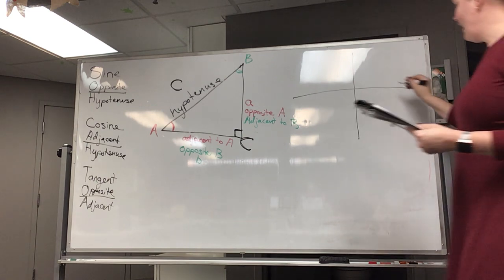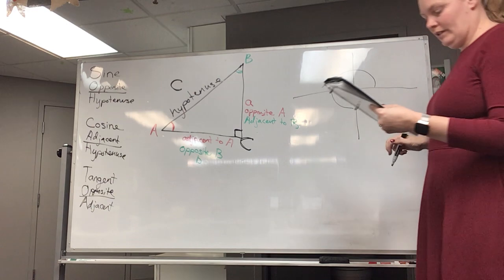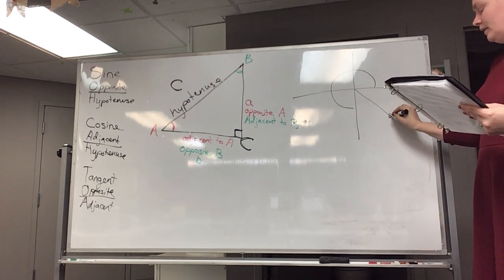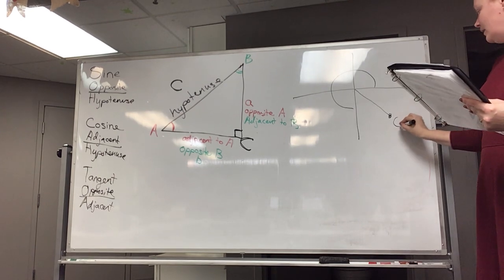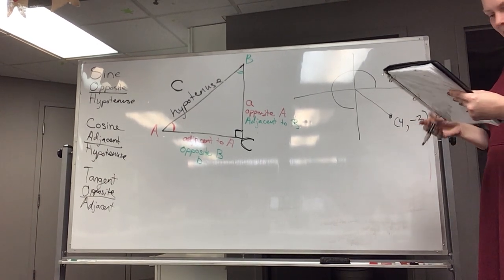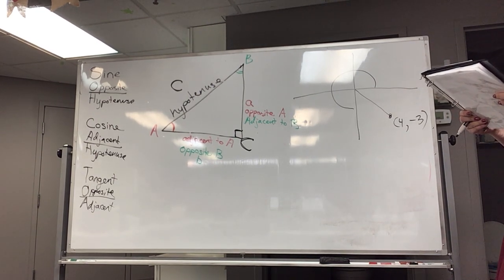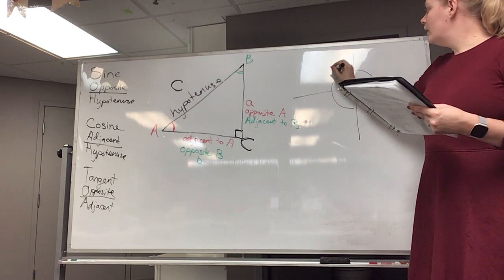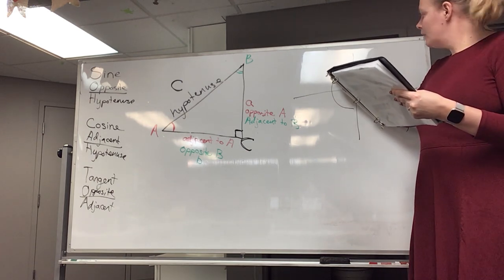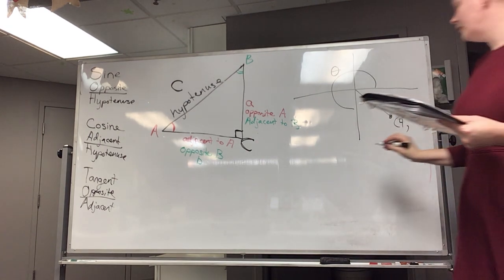So, what they have is what's called a unit circle, or a circle in the coordinate plane, and we have a point down here that is at (4, -3). And the question is, this is the angle. What is the cosine?